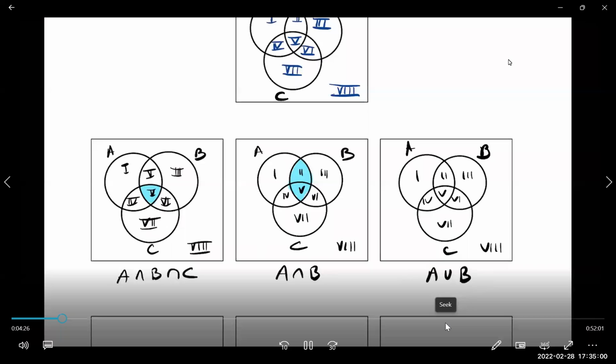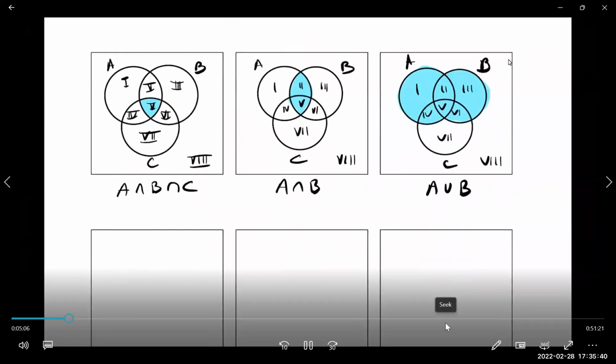So what regions would include A union B? 1, 2, 3, 4, 5, 6. Basically everything that's in A and everything that's in B. So yeah, that is right. So let's see if we can shade that. All right, very good. Everything in A and everything in B.